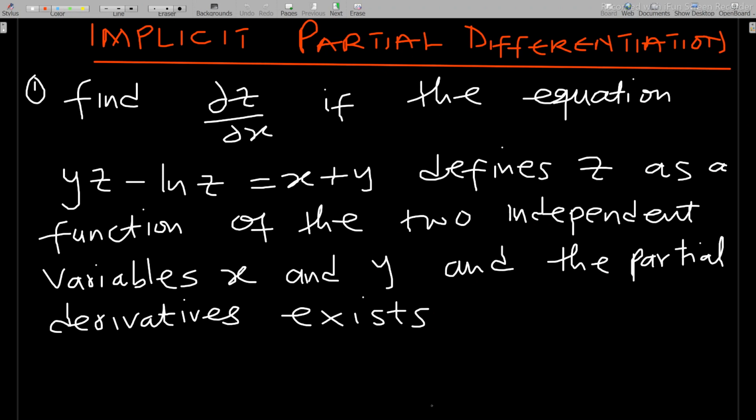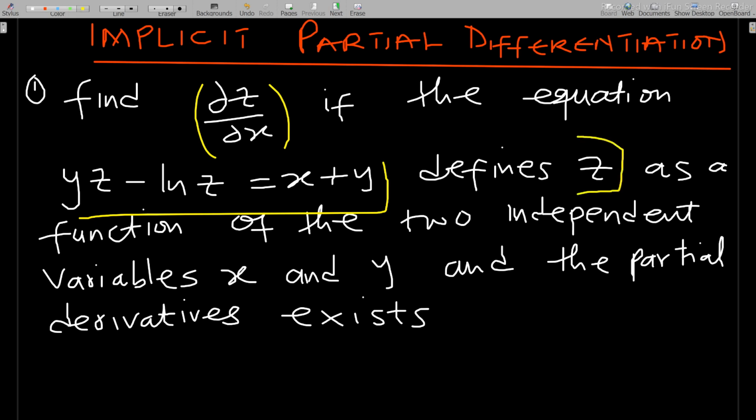So you're supposed to find del z del x. This is the equation given: yz minus ln of z equals x plus y defines z.